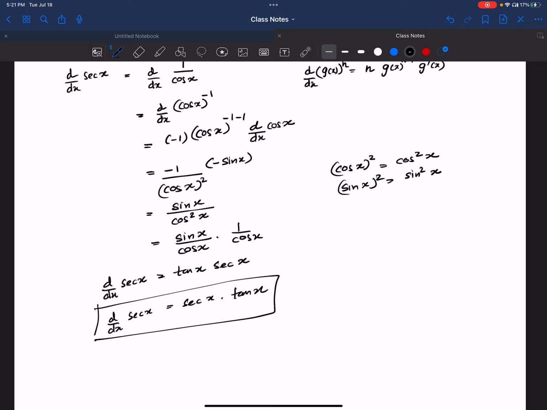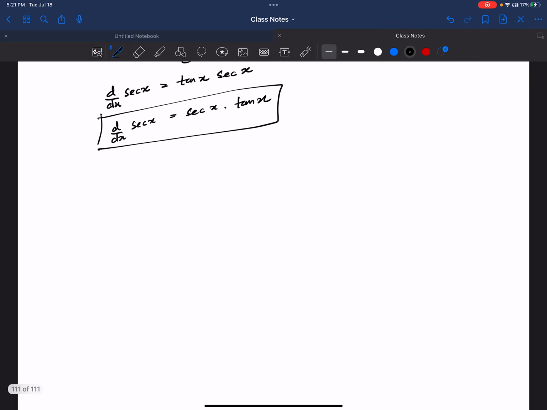Similarly, you can do d over dx cotangent x. I can use the chain rule and product rule here. So I can write cotangent x is 1 over tangent x, that means cosine x divided by sine x.